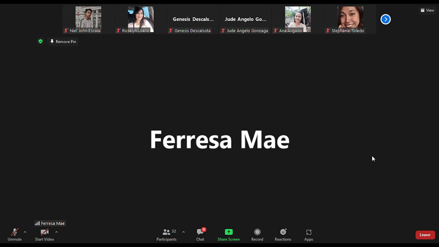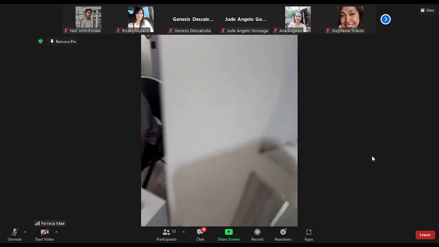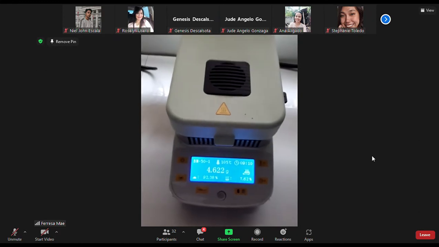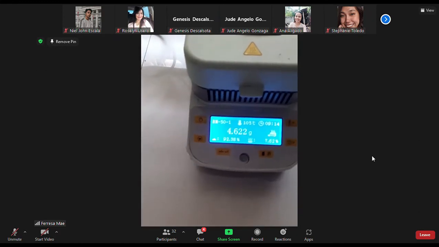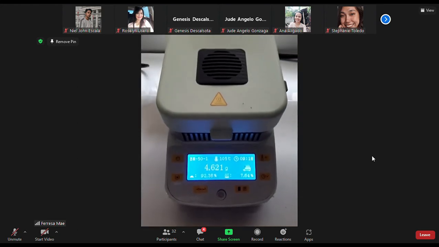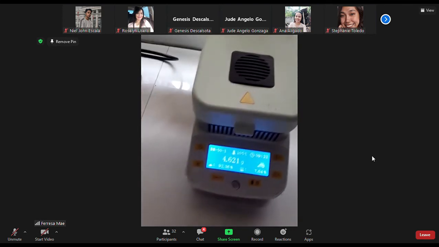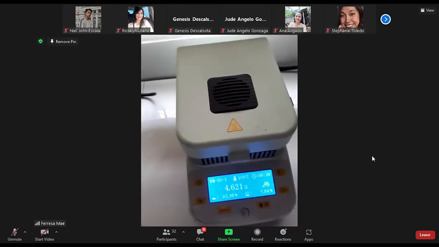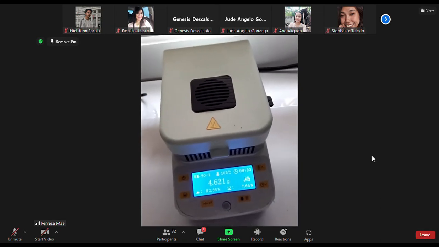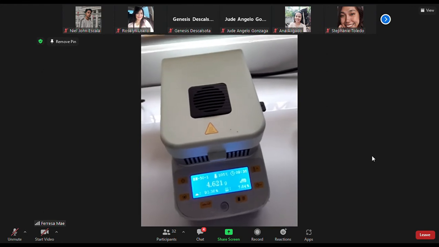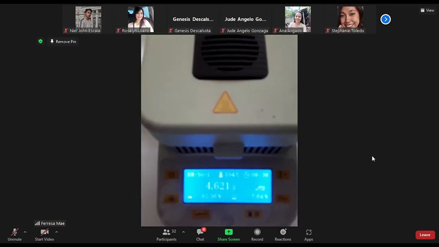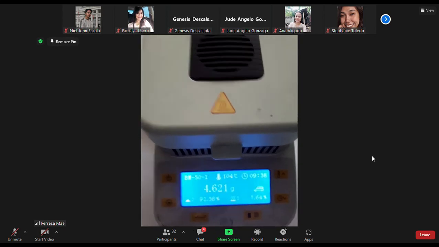So kung mag-alarm na siya, ready na siya. Nag-beep. So meaning okay na siya.